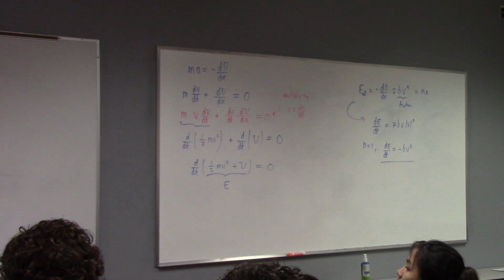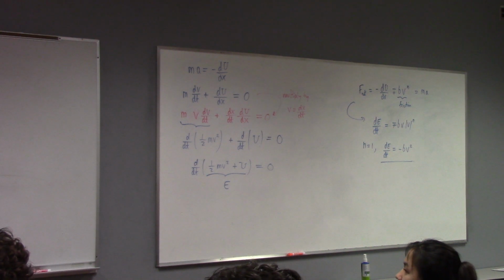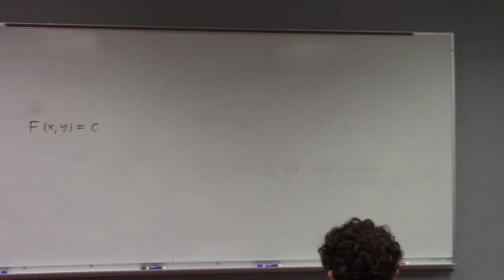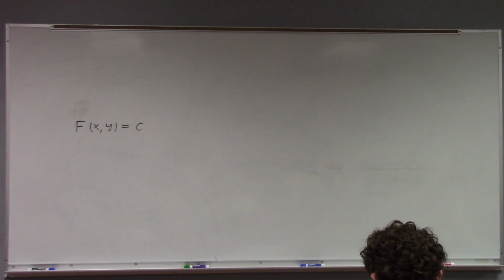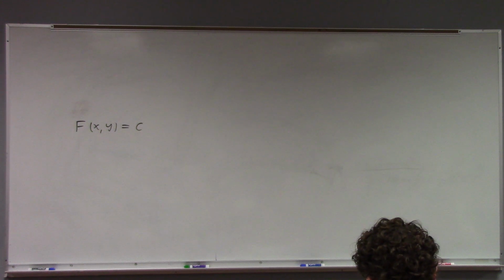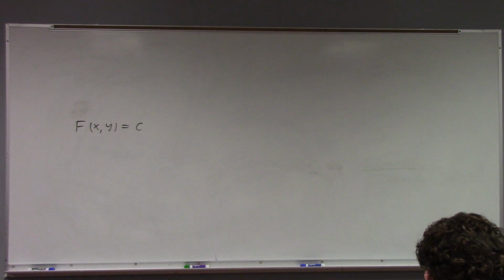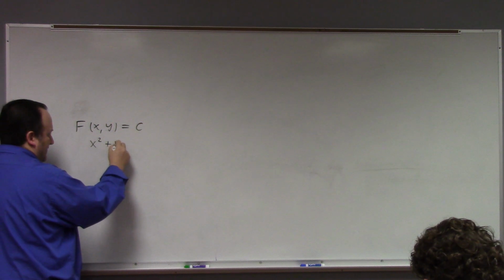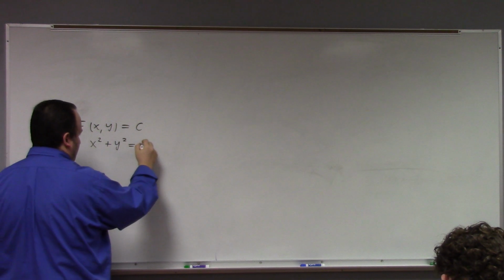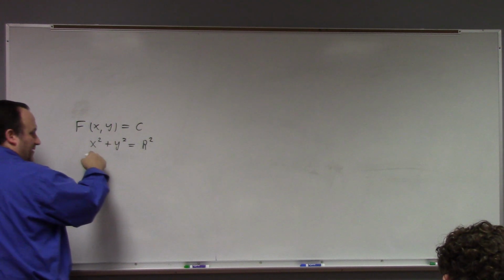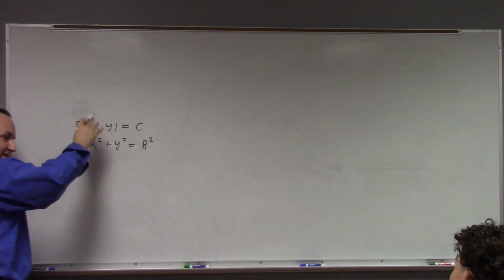It doesn't have to be, but it should be an equation that involves a constant, and theoretically, what's going on is that for different values of the constant, you get different curves, right? The easiest example of this is something like x squared plus y squared equals r squared. So for different r, you get circles. As r is indexed, you get not one curve, but a family of curves.